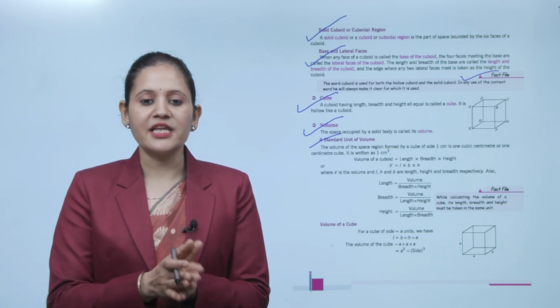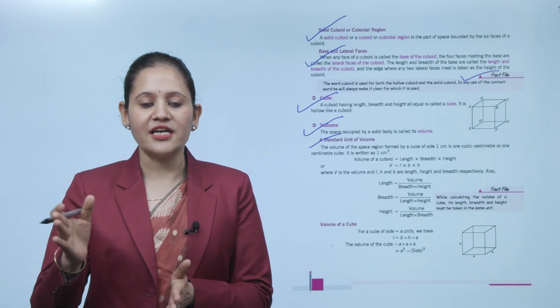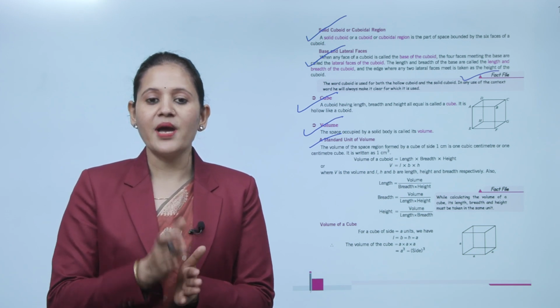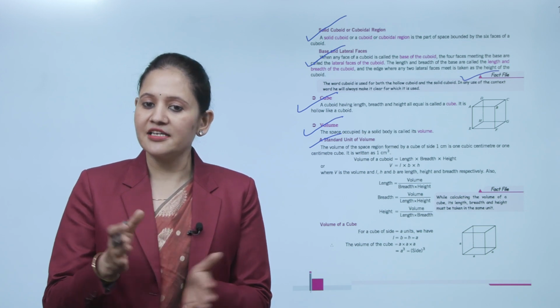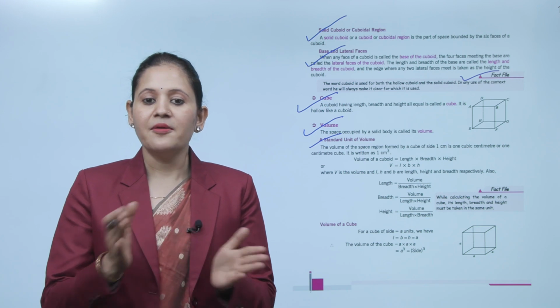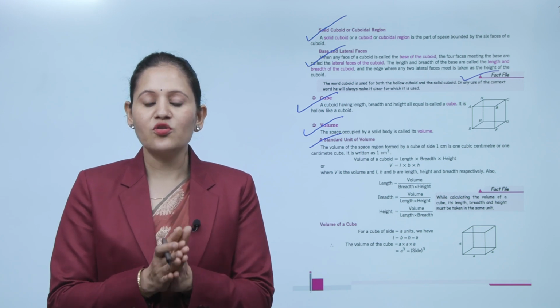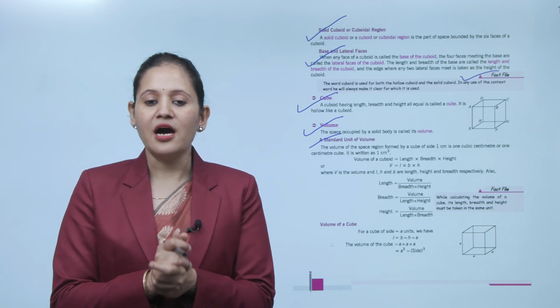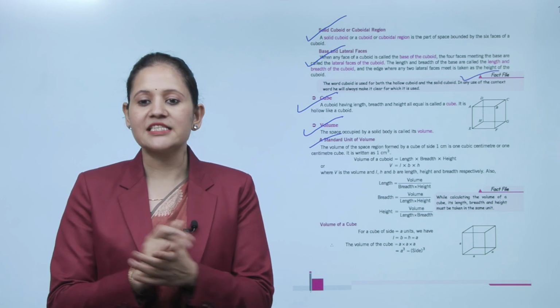So volume of a cuboid equals length into breadth into height. Volume V equals L into B into H, where L, B and H are length, breadth and height respectively. Length equals volume upon breadth into height, breadth equals volume upon length into height, and height equals volume upon length into breadth. Next is fact 5.